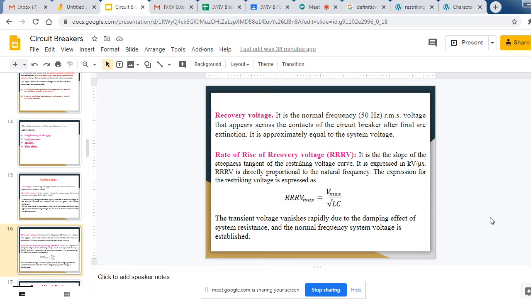This method is purely applicable for AC circuits. Because of the nature of the AC waveform, for every half cycle it reaches zero. There we have a chance to increase the dielectric strength of the medium. Right. So next we'll move to the types of circuit breakers.